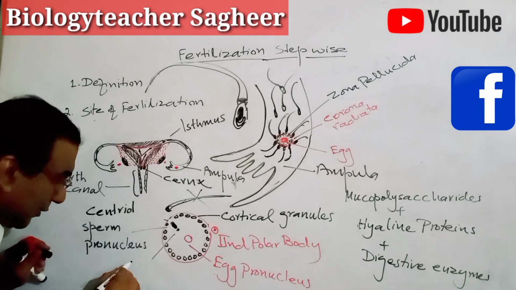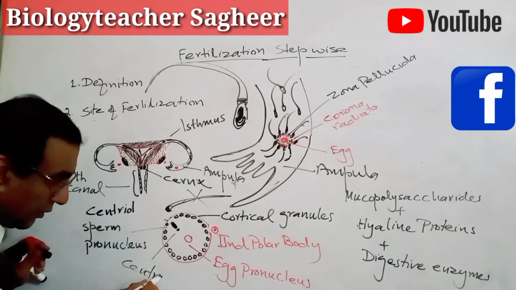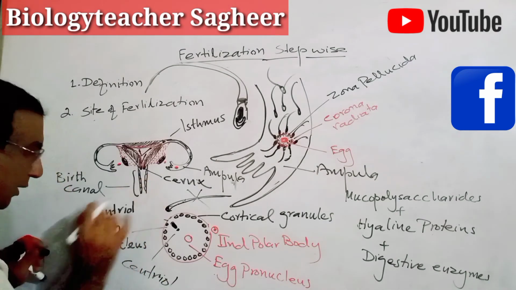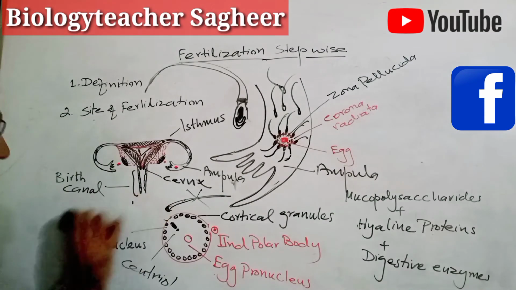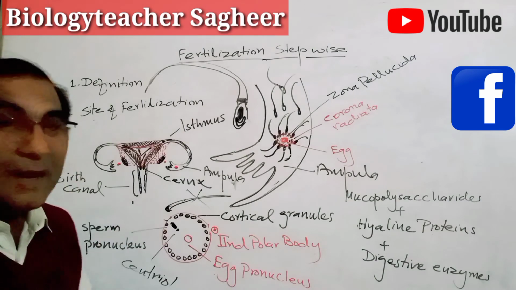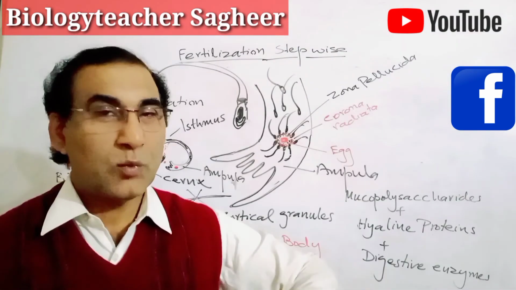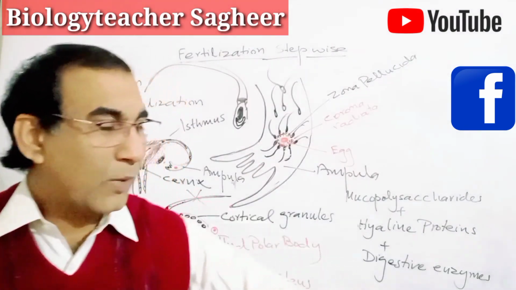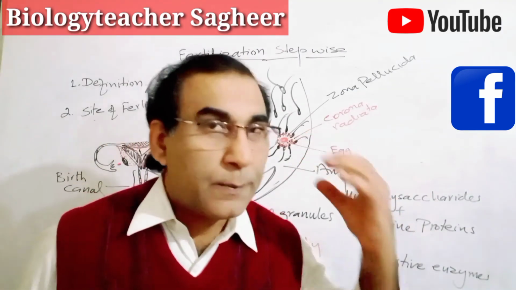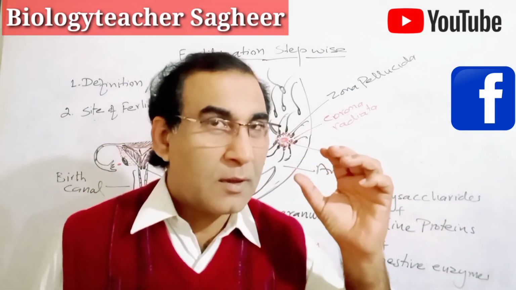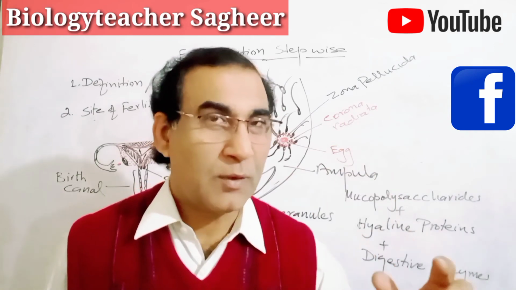Now this is the centriole. It would make the way, or the stimulus, to guide the sperm to approach the female pronucleus.